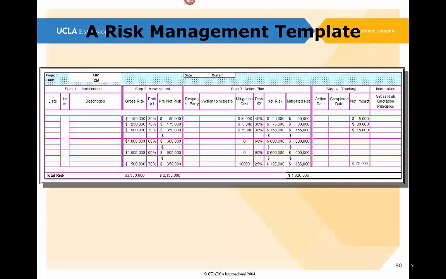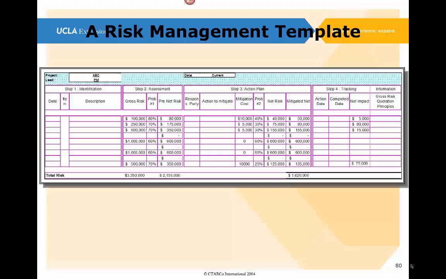Second is, what is the assessment? What's the gross risk, the probability, and then the net risk? And then what's the action plan? Who's the responsible party? What's the action to mitigate? What's the cost of mitigation? What happens to the probability? The probability should get reduced, or the impact, and then you come up with a new net risk and a new mitigated net risk.